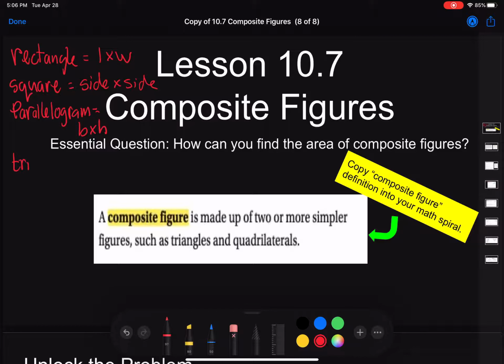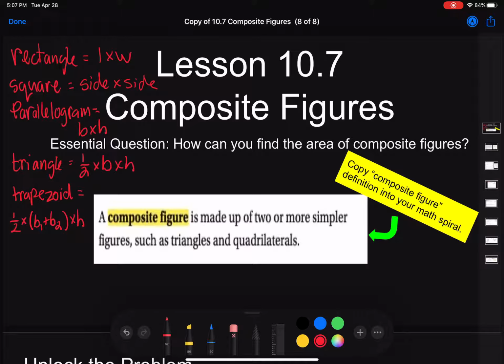And then a triangle is 1/2 times base times height. And the last one is the trapezoid, probably the most confusing one of the group. That one is 1/2 times the sum of your two bases times your height.